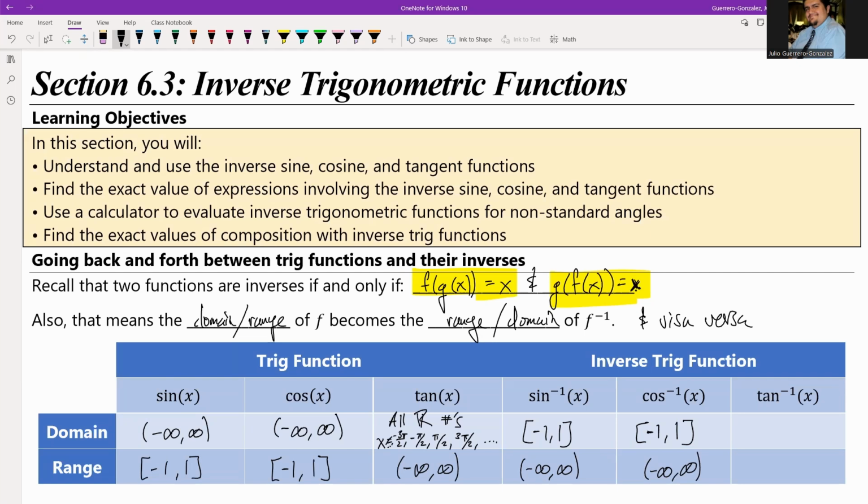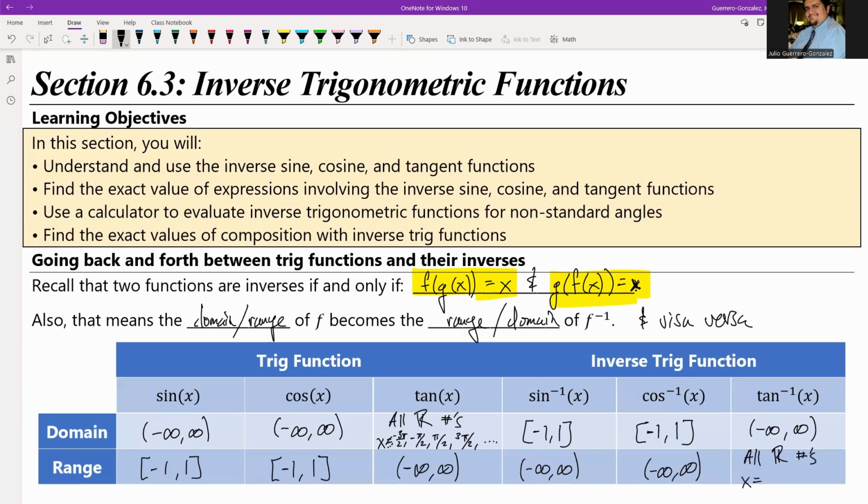Same thing for tangent. Everything switches. So my range is going to be -infinity to infinity, okay? And my domain is going to be all real numbers, okay? Real numbers, right?